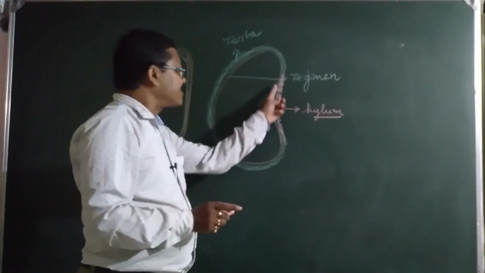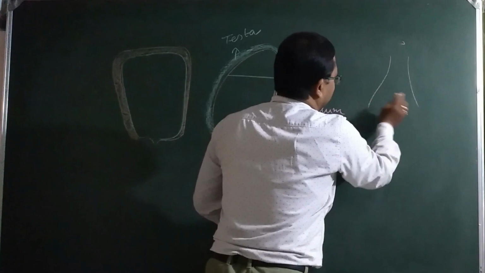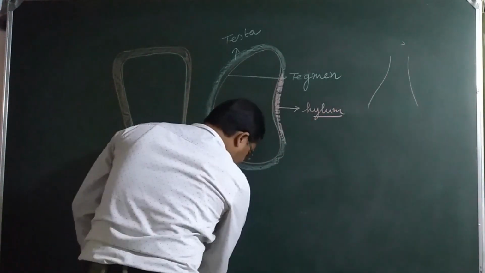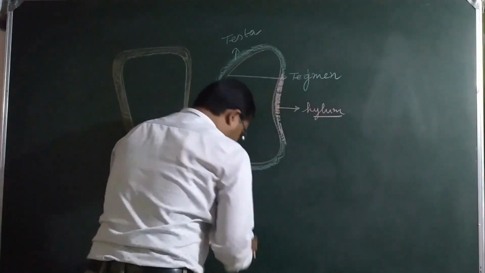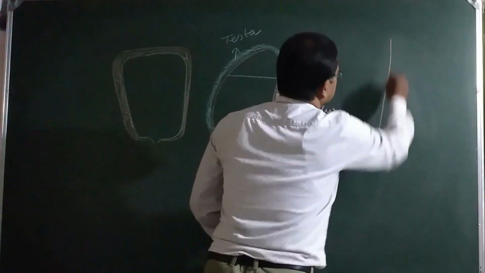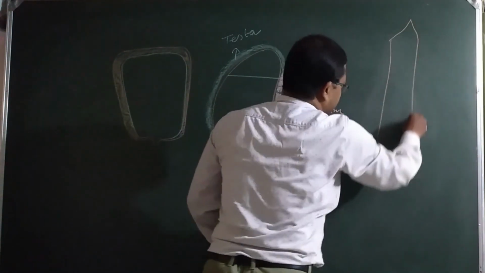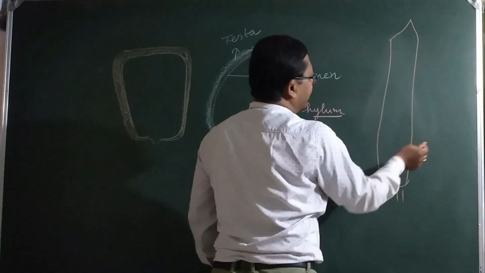This is a scar. Suppose we consider an ovary. The leguminous fruit is called a pod. Suppose we draw a pod. This is a pod, the fruit of the legume plant.